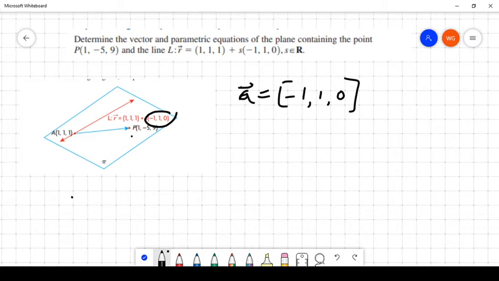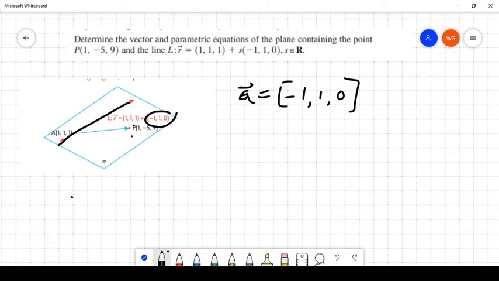That's one direction in which we can go along the plane. But we have to establish another direction vector so that we have 2 different direction vectors, because that's a requirement of a plane equation. At this point, we only had a single line and one other point.